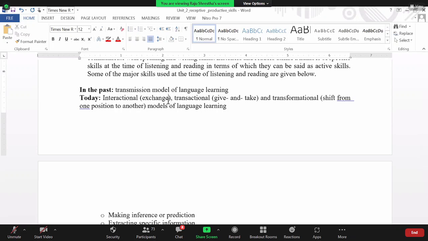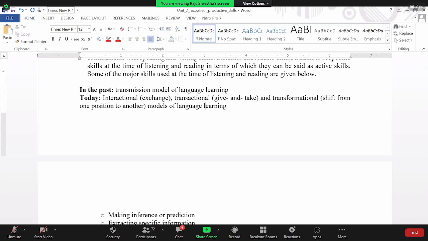अब अहिले चाहिँ हाम्रो के हो भने interaction हुनुपर्छ, transaction हुनुपर्छ, give and take dialogue हुनुपर्छ, then transformation हुनुपर्छ, भनेको learning should take place, shift should be there, shift from one stage to another stage.